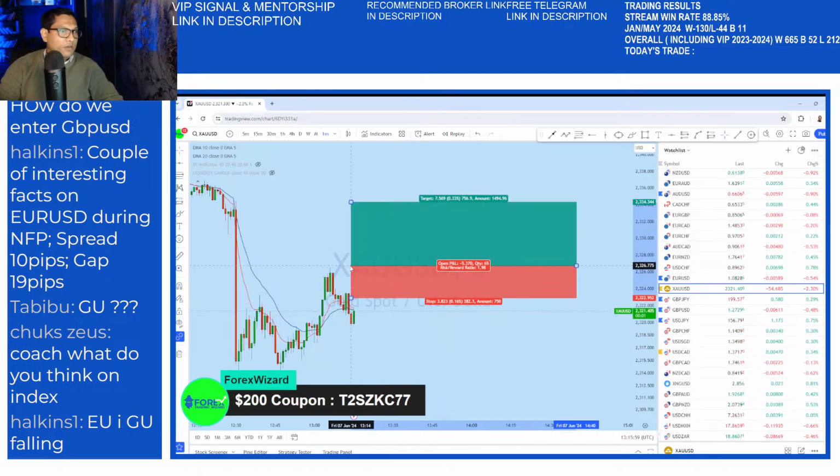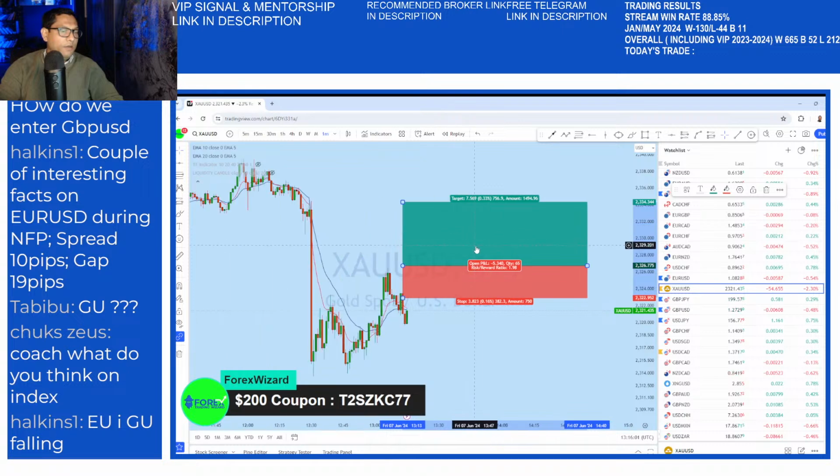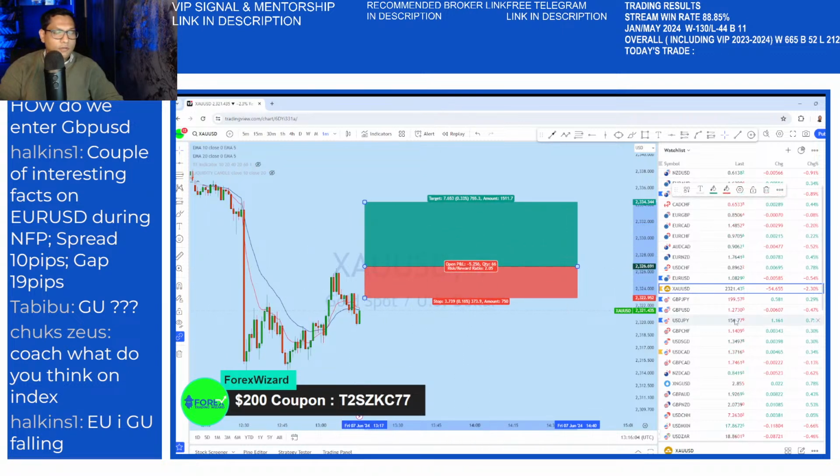I still place the pending order here. If it breaks above, then we will be in a buy trade.